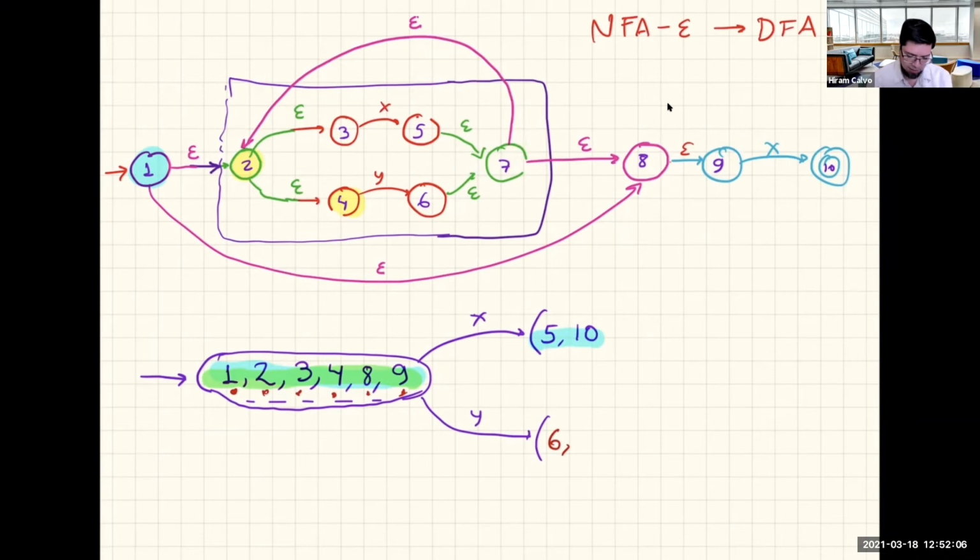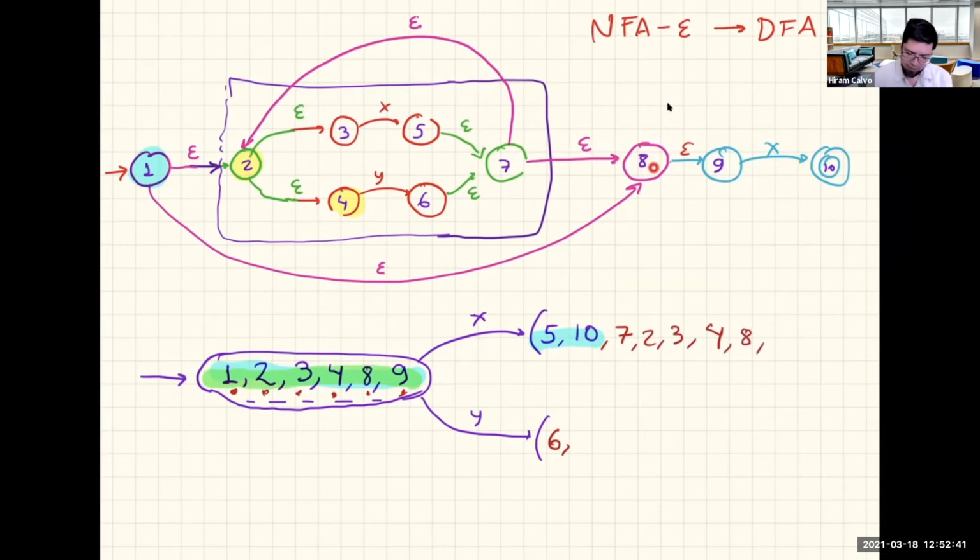So let's review. From 5, reach 7. So we add 7. From 7, we reach 2. And also, let's do from 2, 3, and 4. And that's it. And then from 7 also we reach 8.